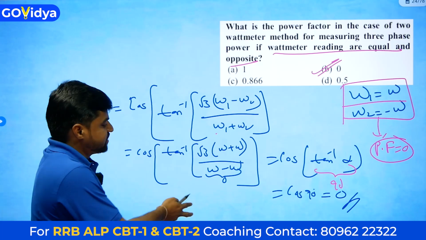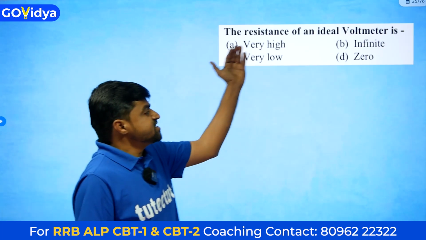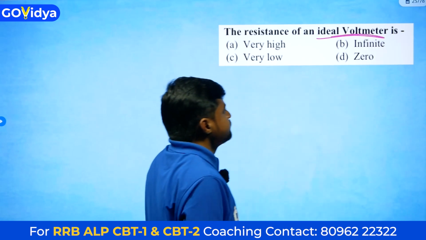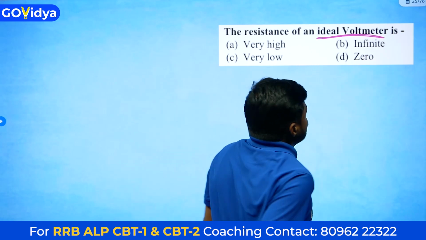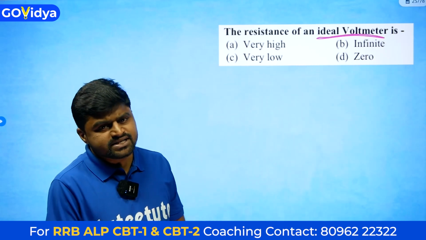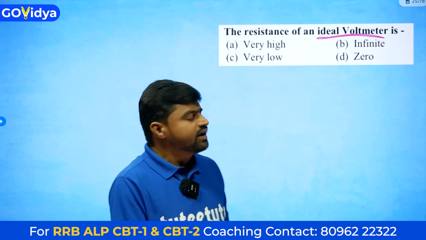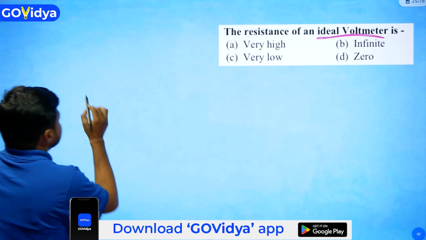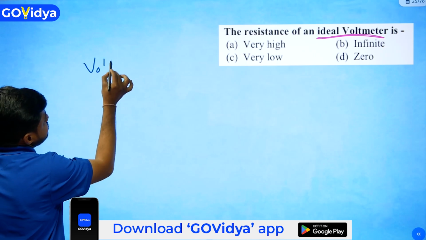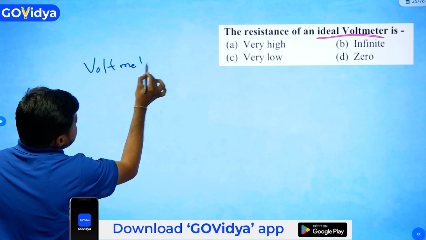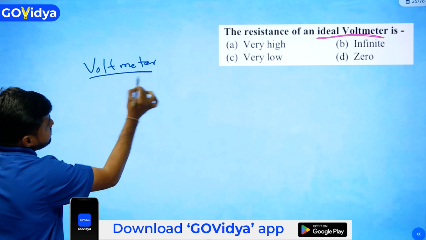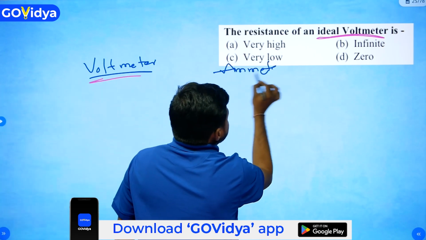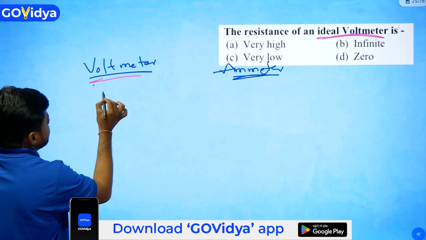Okay, next question. The resistance of an ideal voltmeter is, okay, ideal voltmeter. We have two meters, voltmeter and ammeter. The voltmeter is connected in parallel with the load. The ammeter is connected in series with the load. The voltmeter is connected in parallel.